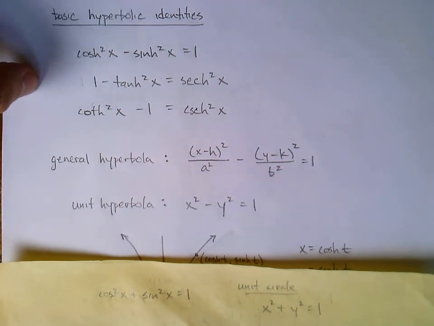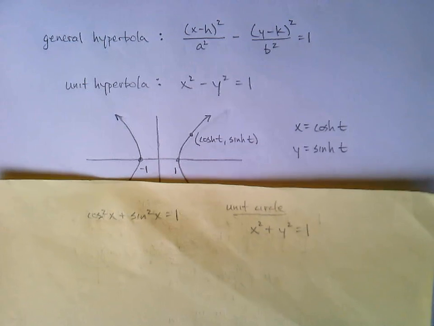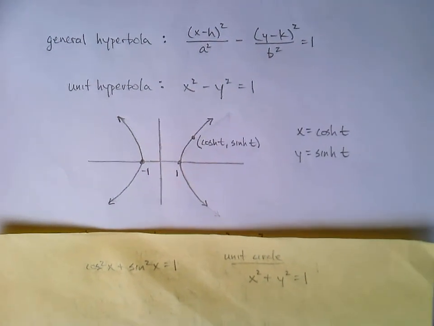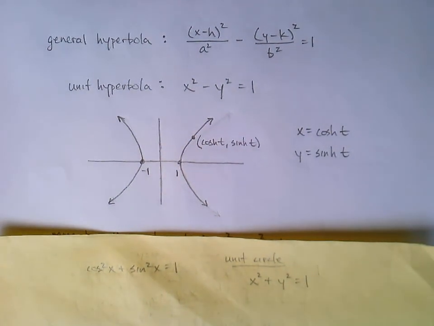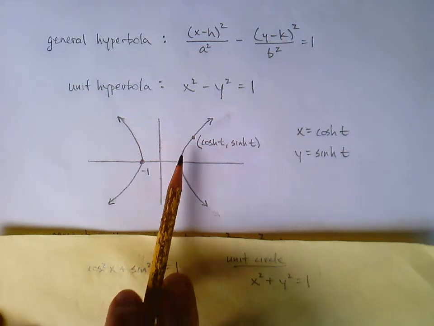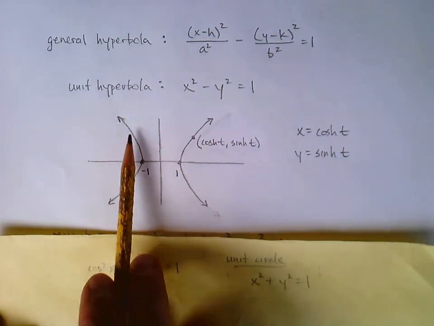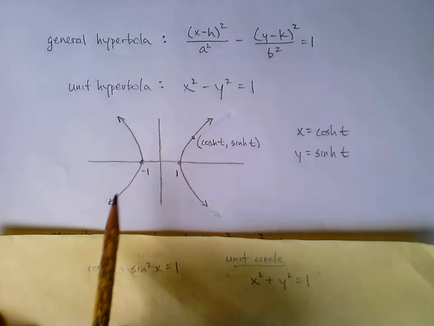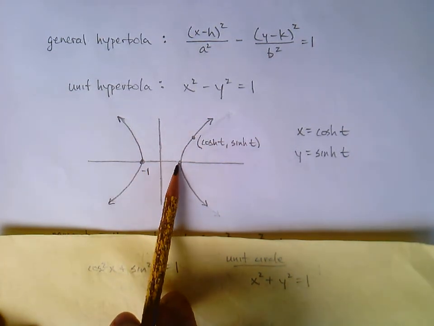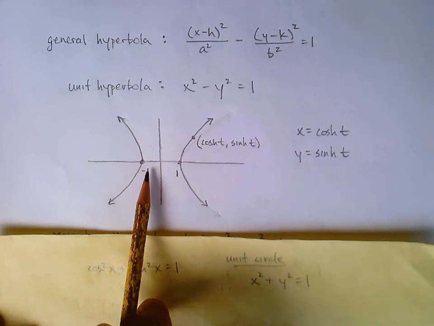Here's a graph. This is going to do it for you. Think of the unit hyperbola. Since the x comes first, it opens up horizontally, if you recall that. And the unit means the vertices here are at 1 and -1.